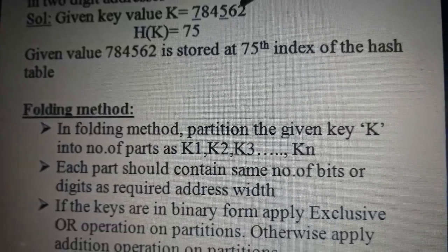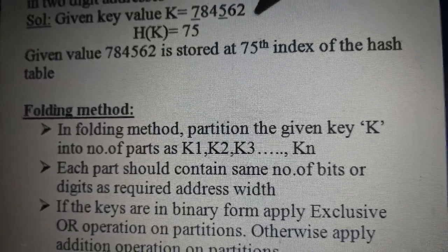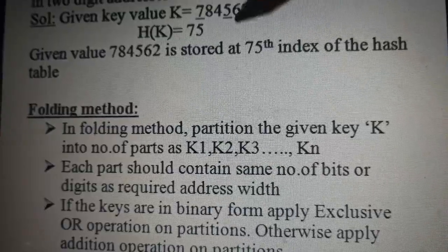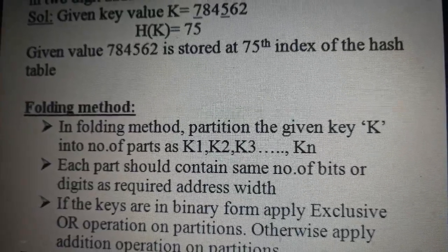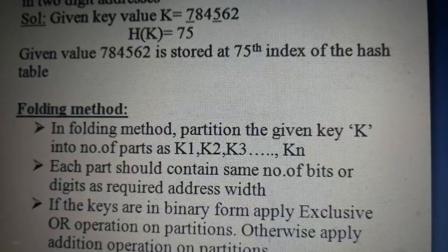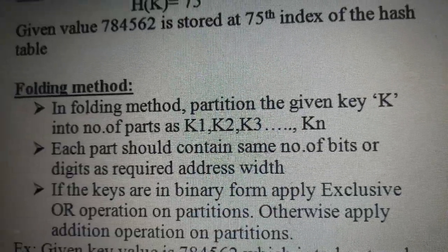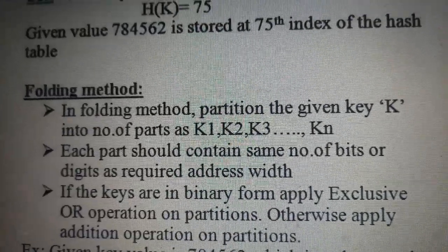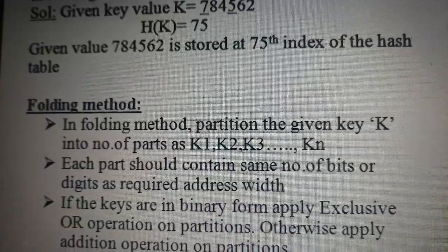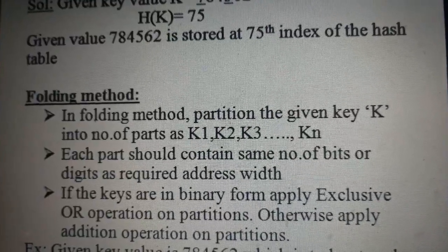First we take the two digits 2 and 6, that is 62, and ignore them. Then 5 remains. Again we take one set, 4 and 8, and ignore it. Now 7 remains. So the remaining digits are 7 and 5, that is 75, the index position to store the value 784562.